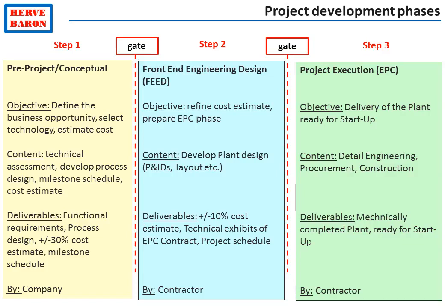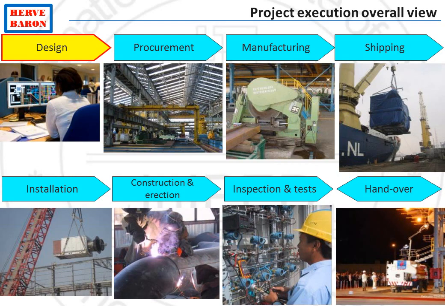This presentation, which is an introduction to plant design, will look at step 2 and 3. If we look at step 3, which is what is called detailed design, compared to step 2, which is basic design, we see that this is only a small part of an overall project execution.